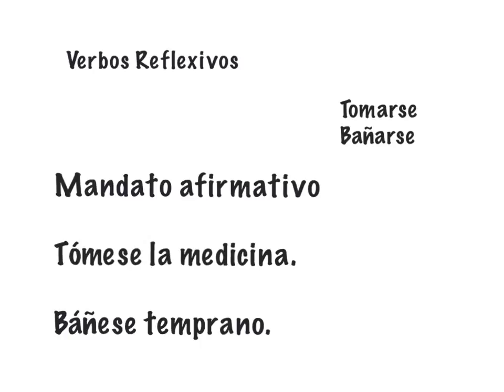What you're going to change is the form of the verb. For example, tomarse, tómese la medicina, báñese temprano. You can see that you have to put an accent in the first syllable. You're going to conjugate in the subjunctive, and you're going to add the pronoun or keep the pronoun at the end of the verb.